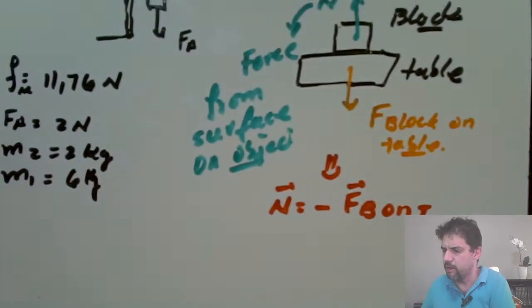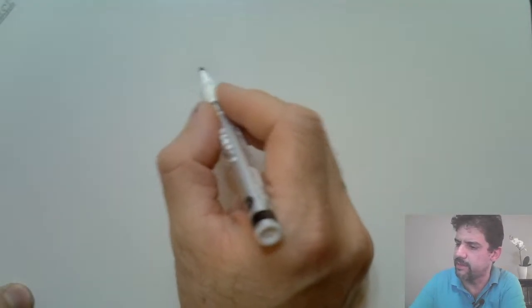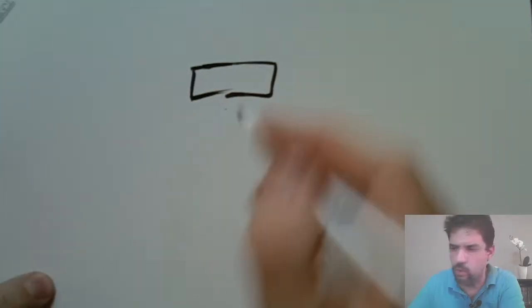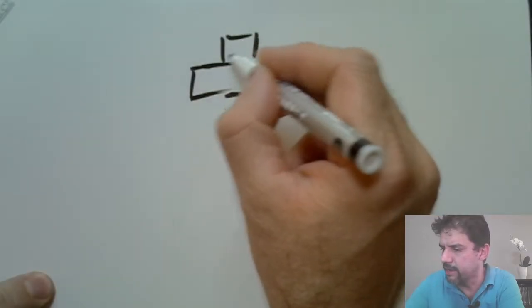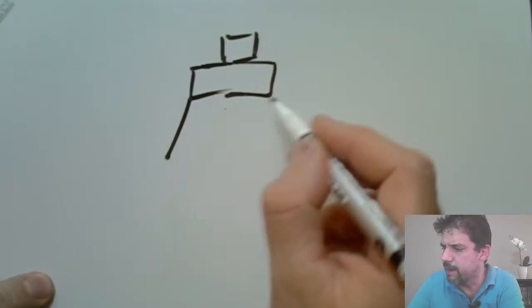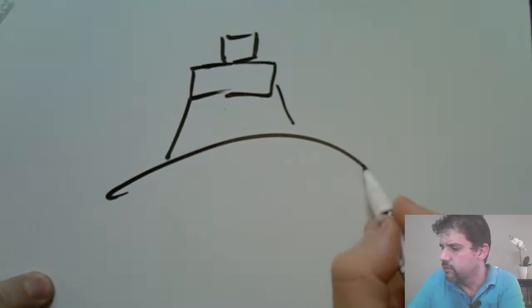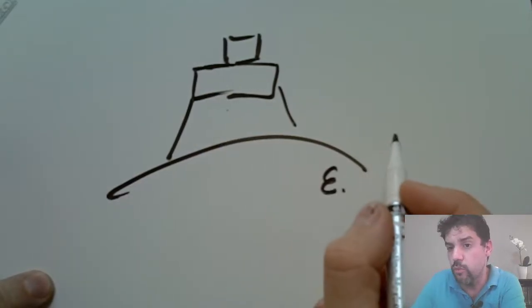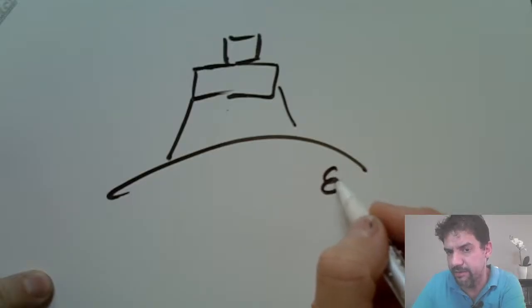So let me go and redraw, but now, for this redrawing, I'm going to add a few things. I'm going to have the table, also zoomed, because I want you to see the table. The block is there, but this table is, remember, on the earth. So this one is the earth. All right. So now, why do we have to represent the earth? Because of weight.